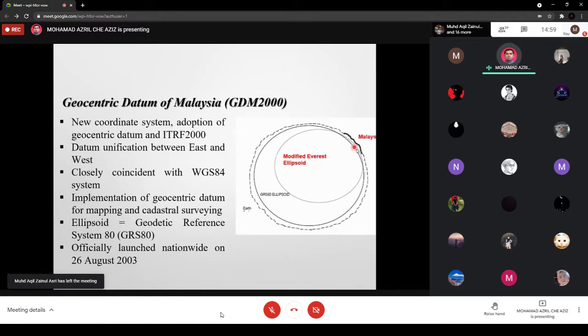The modified Everest regionally fits to Malaysia, but the GRS80 ellipsoid globally fits to all places. So that's why they changed to GDM 2000.